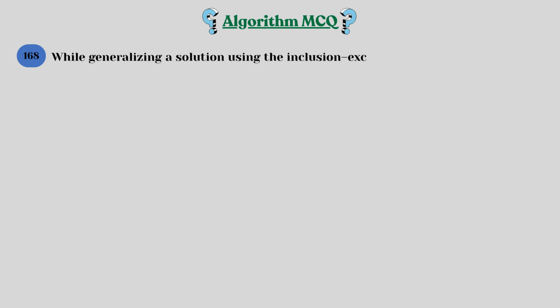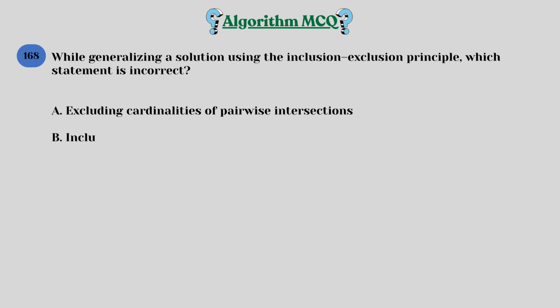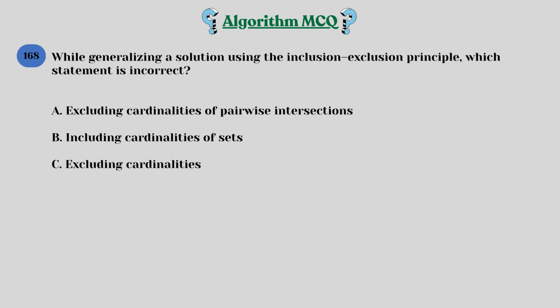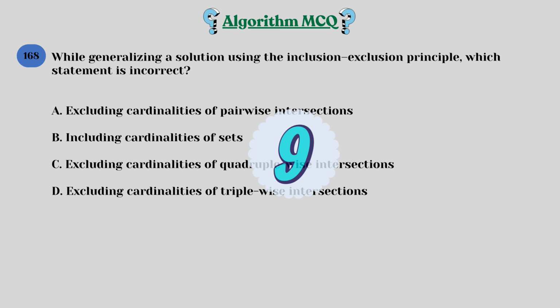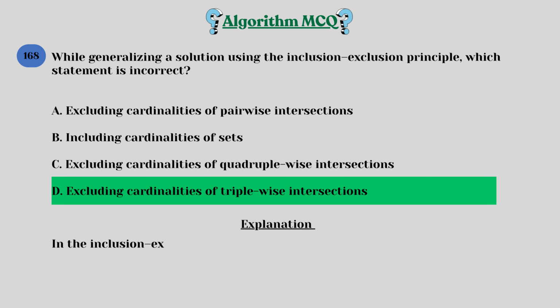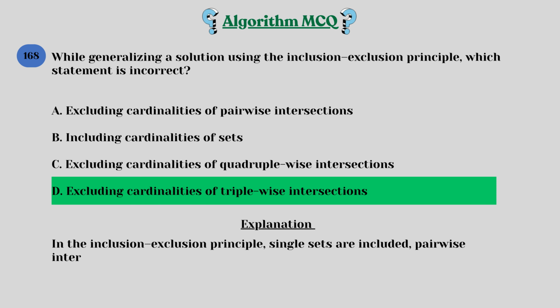While generalizing a solution using the inclusion-exclusion principle, which statement is incorrect? Correct answer, excluding cardinalities of triple-wise intersections.